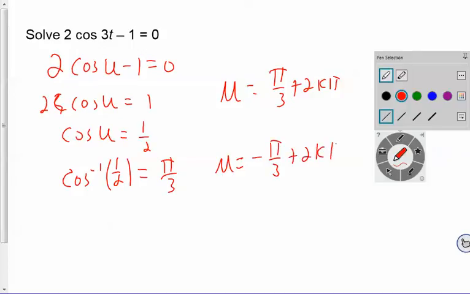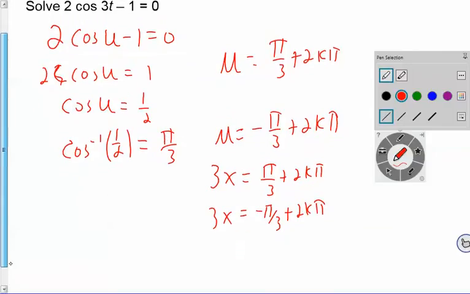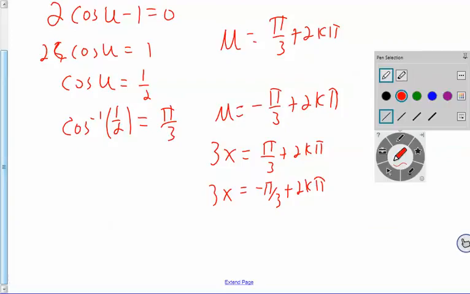But we're not done. We replaced u with 3t. So this is 3t equals pi over 3 plus 2k pi, and 3t equals negative pi over 3 plus 2k pi. Now if I want to solve this, I actually have to divide both sides by 3.